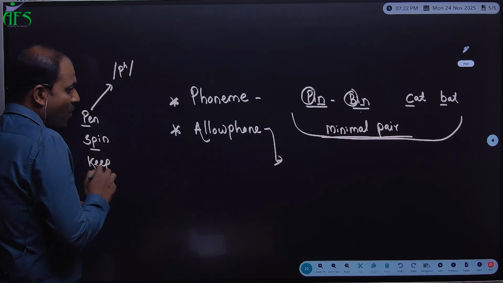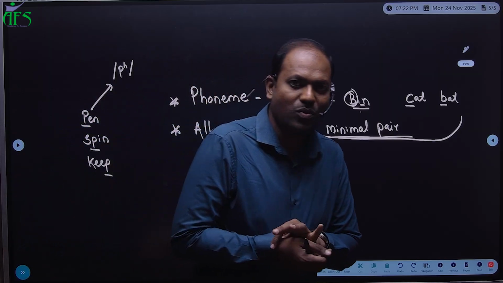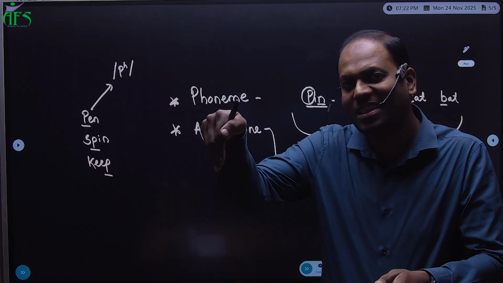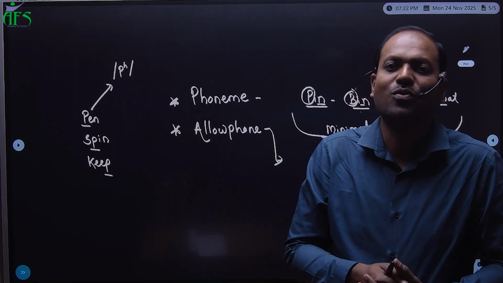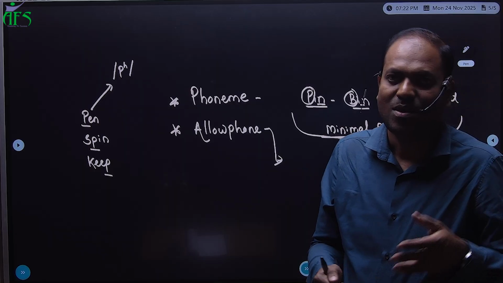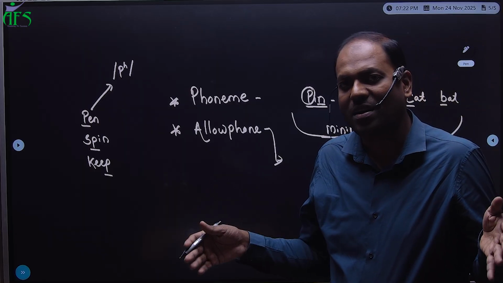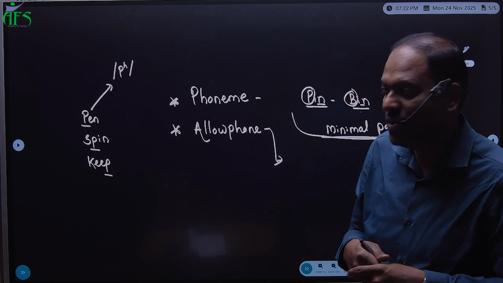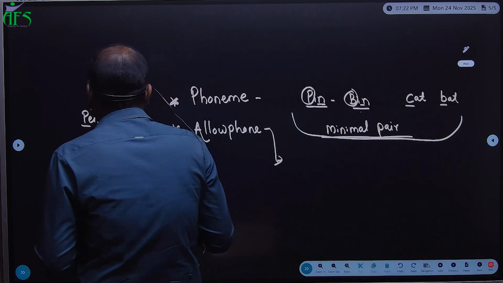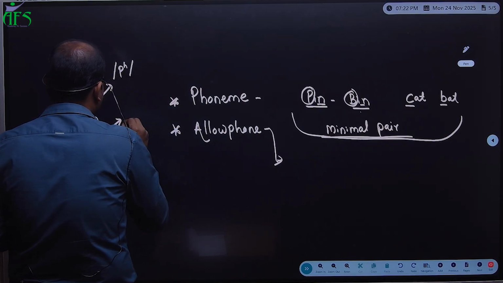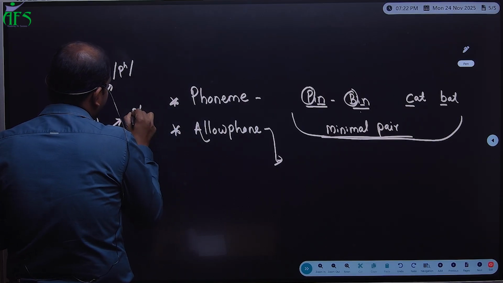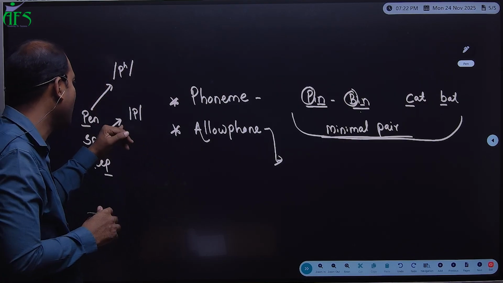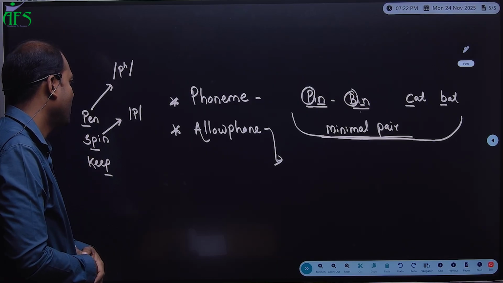Second, when the sound comes at the second position or in the middle position of the word, after the first sound and before the last sound, it remains the clear, natural P. You need not add aspiration, meaning the puff of air, to that sound P. Got it?